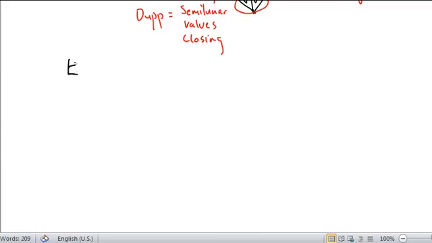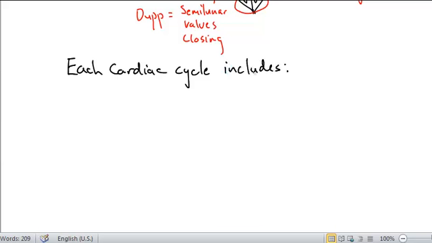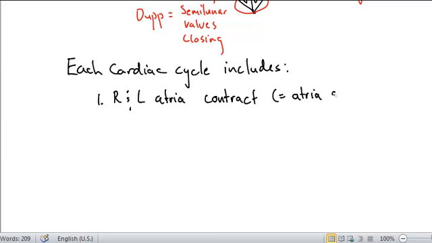So each cardiac cycle is as follows. In step 1, right and left atria contract in what we call atria systole, or systole, depending on who's pronouncing it.